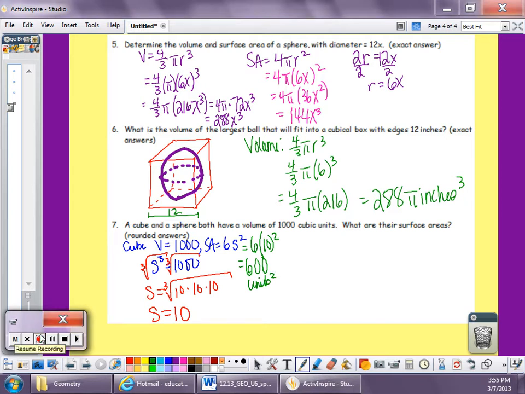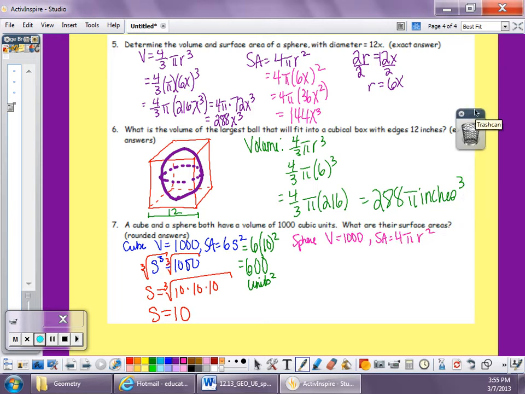And now we'll work on the sphere. For a sphere, I know that the volume is 1,000 again, and my surface area is 4 pi r squared. So what I'm looking for is the value of r.